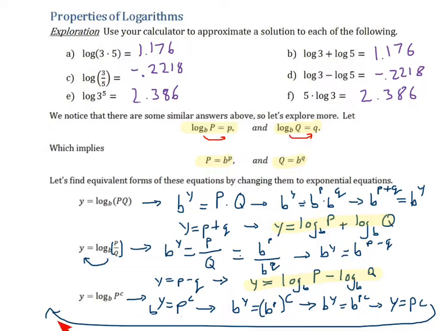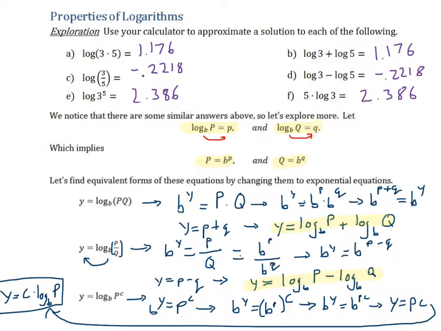Let's bring this on over here and do our substitution. Substituting for p, we're going to have y equals, and little p is equal to log base b of capital P, times c. All right, and there's our last one.